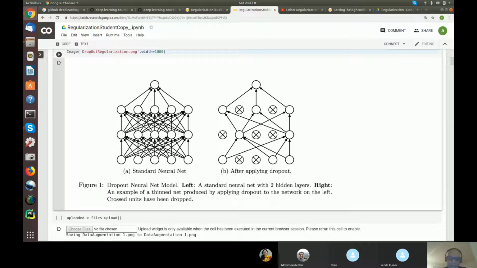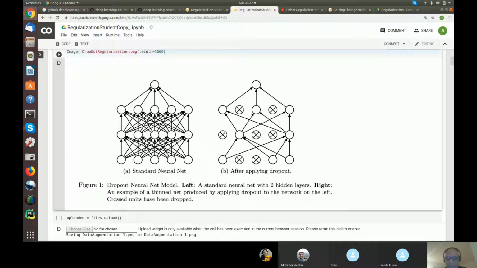And now that in every iteration you are changing the weights of some of the neurons, let's say there are 20% neurons which you didn't change in one iteration. And in the next iteration, maybe you'll change most of them, but some other 20% you won't change.